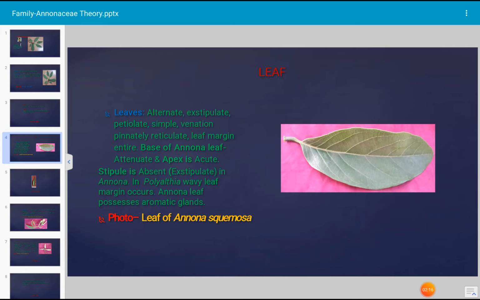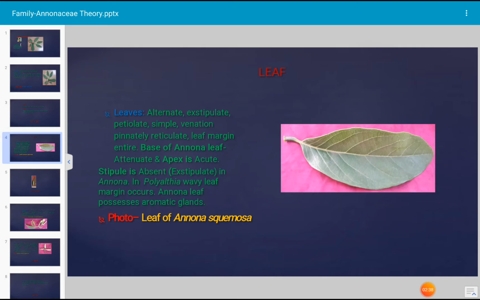Near about all the plants of family Annonaceae have petiolate leaves. Leaf has a stalk-like structure, petiole is present. And leaf is simple. Simple leaf means it has only petiole and lamina. Such leaf is described as simple.